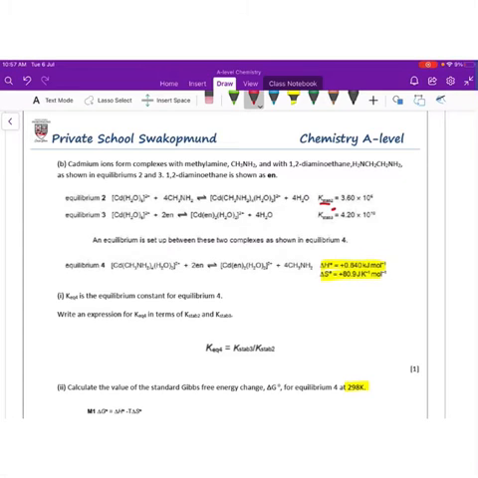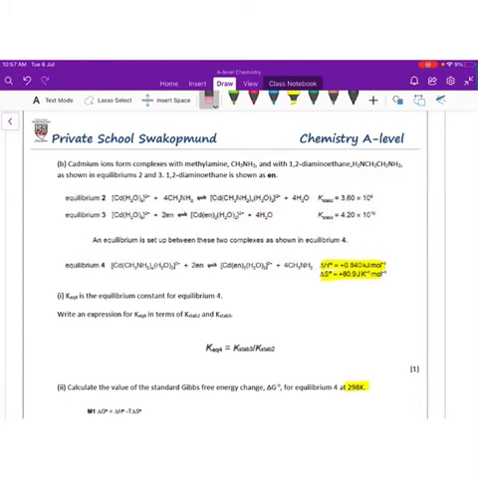Equilibrium 3, same, but now it reacts with that 1,2-diaminoethane, and that's the en shown in there. Okay, and again 4 waters. Those are the 2 equilibriums that are given.